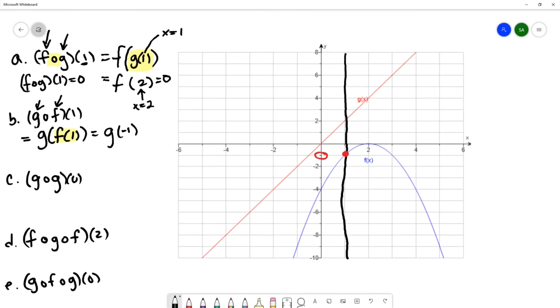But -1 is an x value. I'm looking on the graph, and this vertical line has x values of -1. If I look where that vertical line crosses the graph of g, that's at this spot, and it has a y value of -2. So g of -1 is -2.